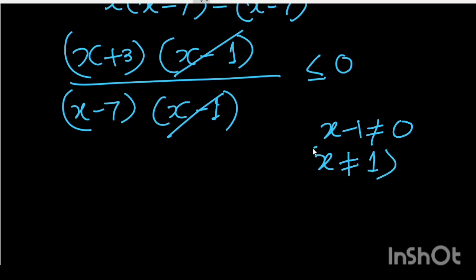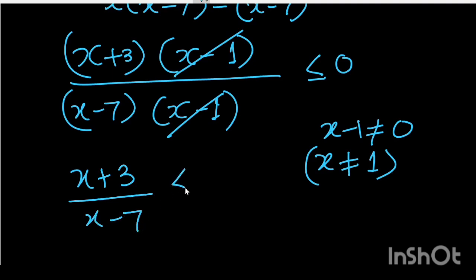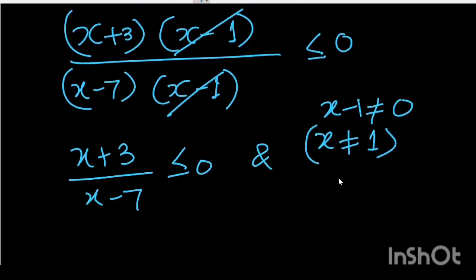So x is not equal to 1. So x not equal to 1 should be excluded from the solution if it comes in the solution. In the next step, we need to solve this and apply the constraint that x should not be equal to 1.